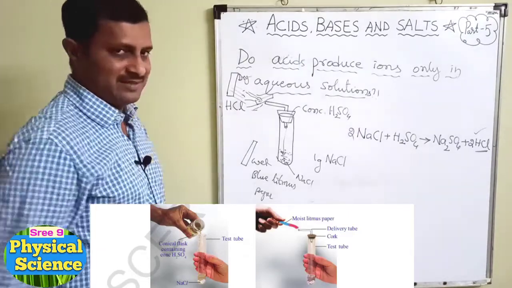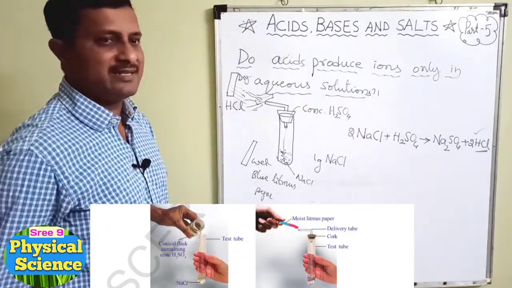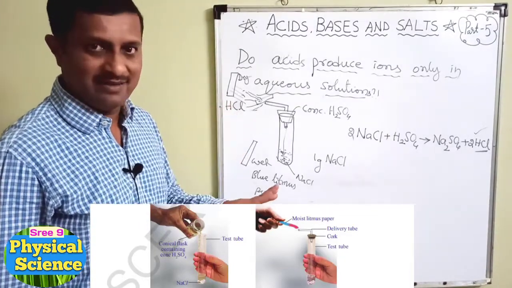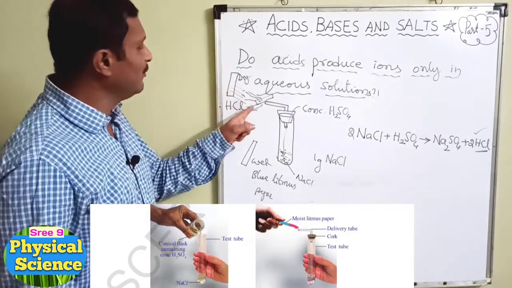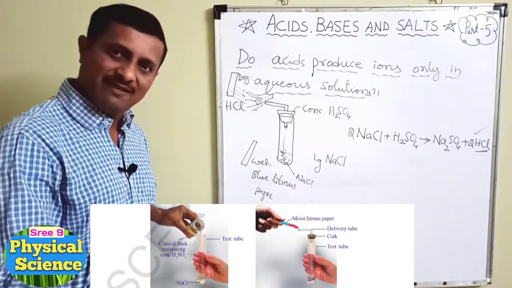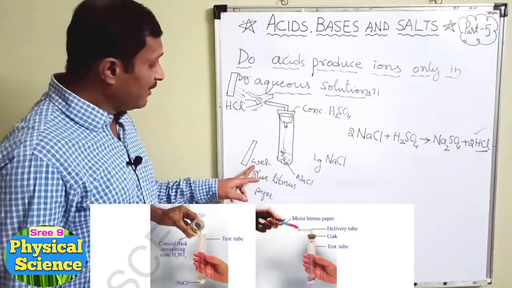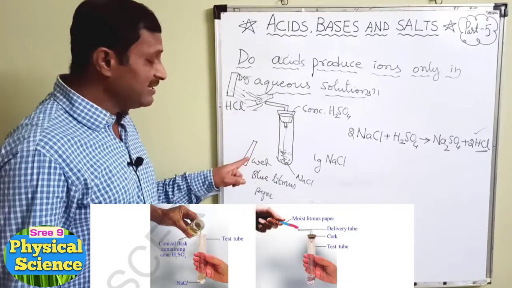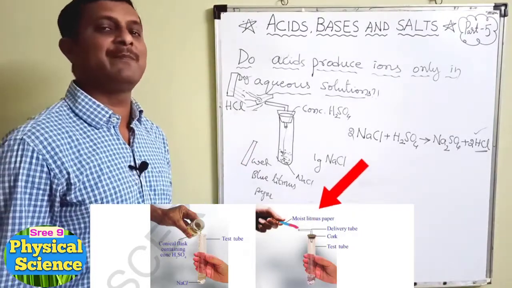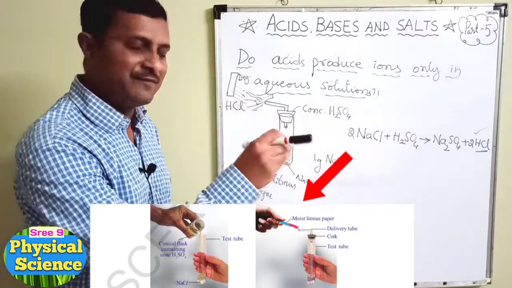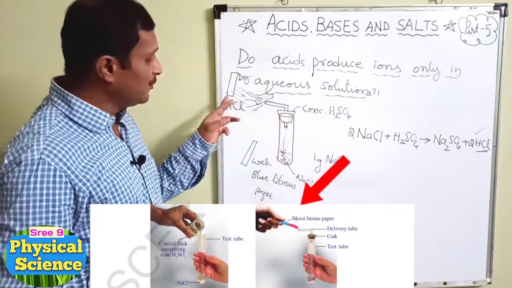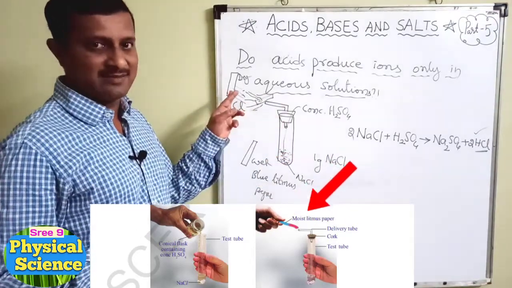Here we see that hydrogen chloride gas does not behave as an acid with dry blue litmus paper, because the color is not changed. But when we keep a wet blue litmus paper, it turns red.